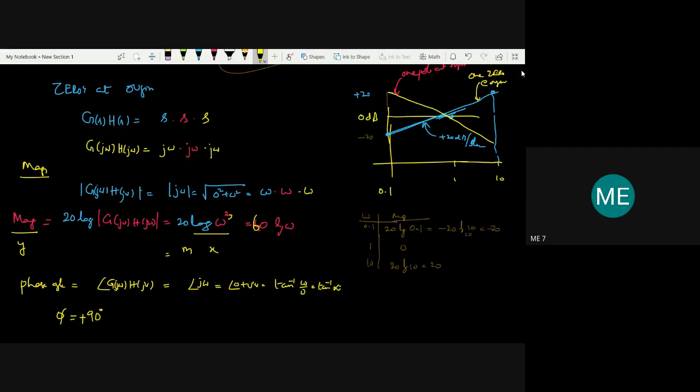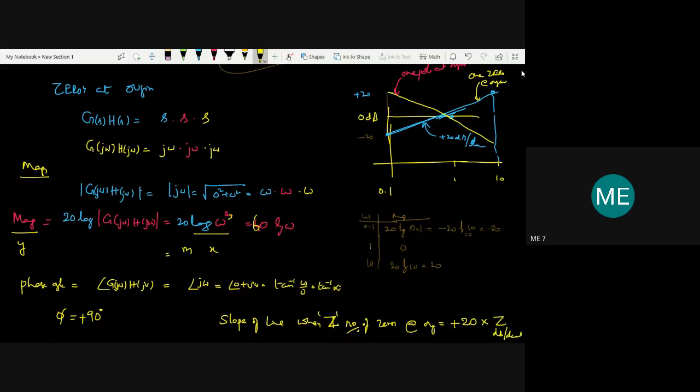So if I write the generalized form, the slope of the line when z number of zeros are at origin can be written as plus 20 into z dB per decade.